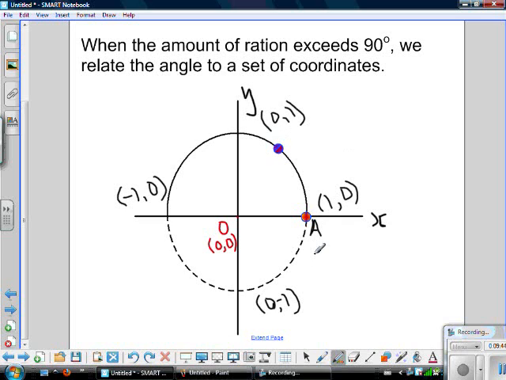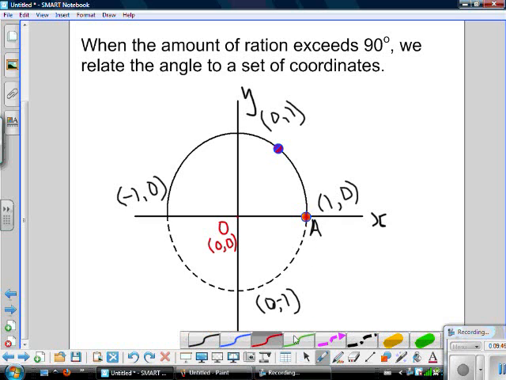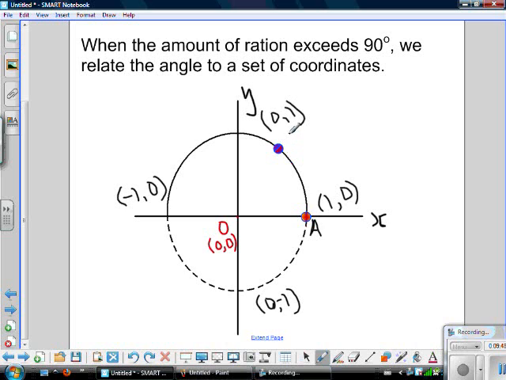So I'm going to put this point P here, and I don't know for sure what that coordinate is. I know that it will have an x value and it will have a y value. And we'll talk about what those values will be in a moment.